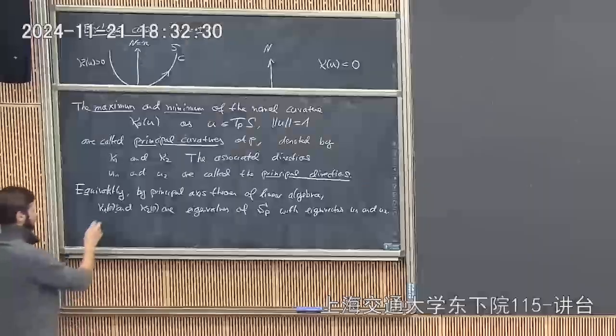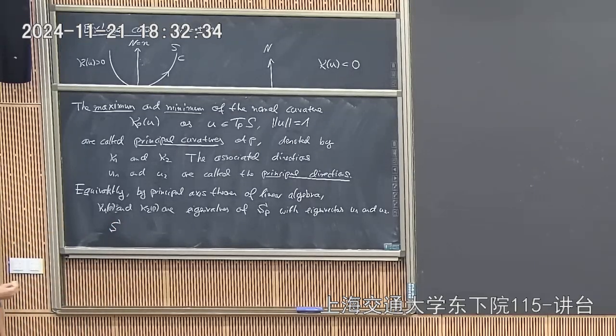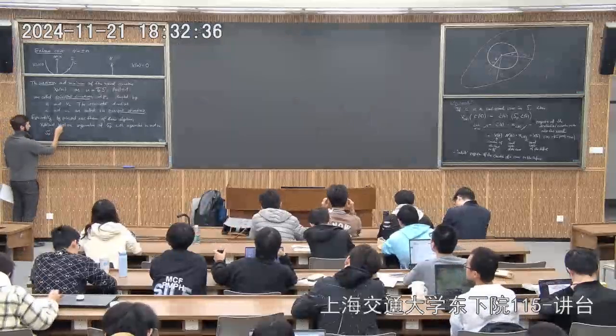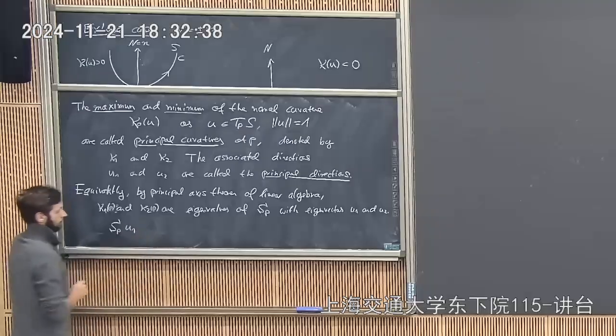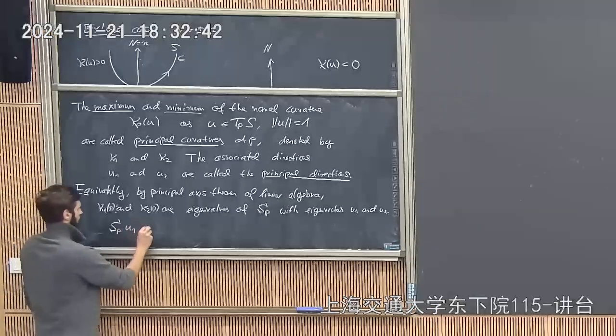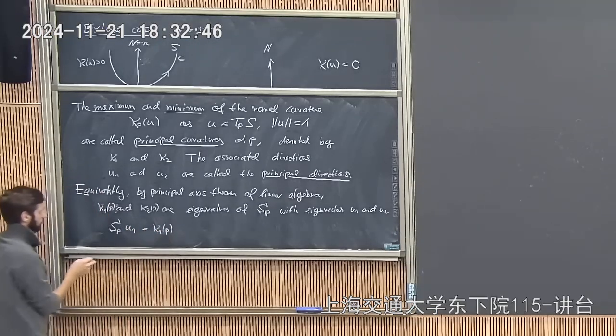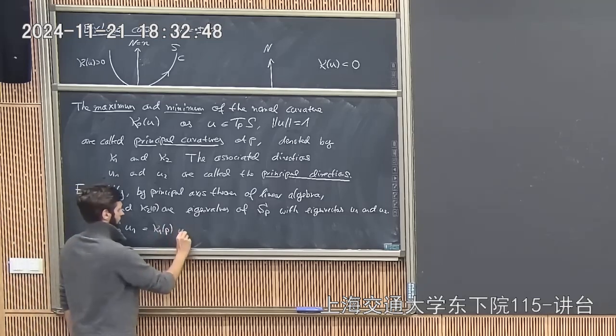What this means is that we have our shape operator, and we can apply it to this vector u1, one of the principal directions, and what we get is kappa 1, which depends on the point, times the vector again.